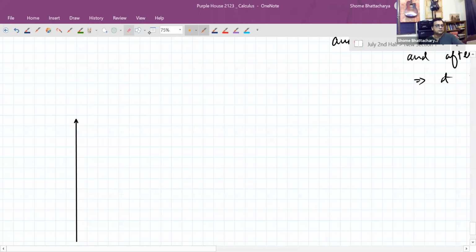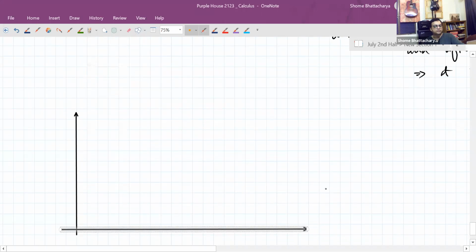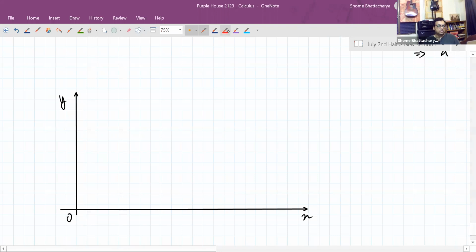So now, given some arbitrary function, it's very difficult to guess where the function would have reached a peak, where it would have reached a dip. But if I think about the slope of the tangent, you'll see that I get a little bit more idea about the function.